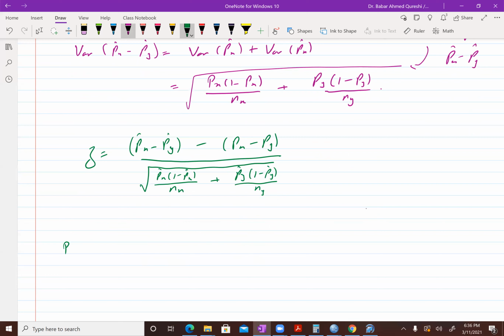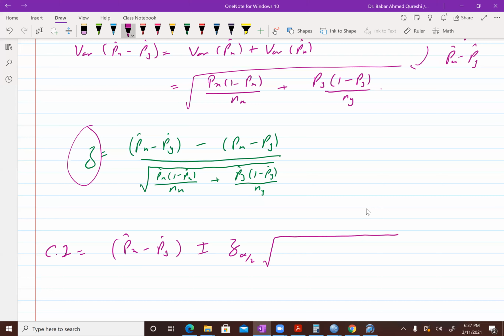Now, when you compute the confidence interval, it would just be this sample estimate of the difference of the sample proportions, plus and minus a margin of error. And since it's a standard normal, you get it from the critical value of the standard normal, and you have to multiply it with the corresponding standard deviation, which is this one.